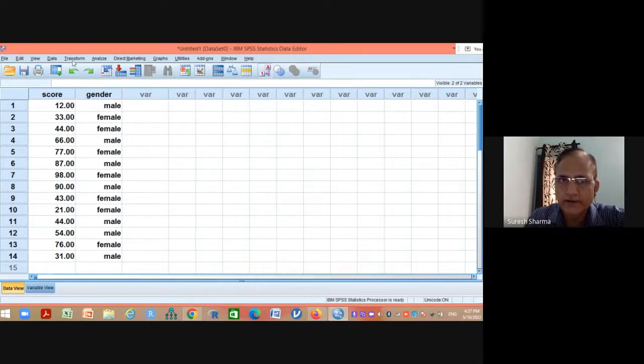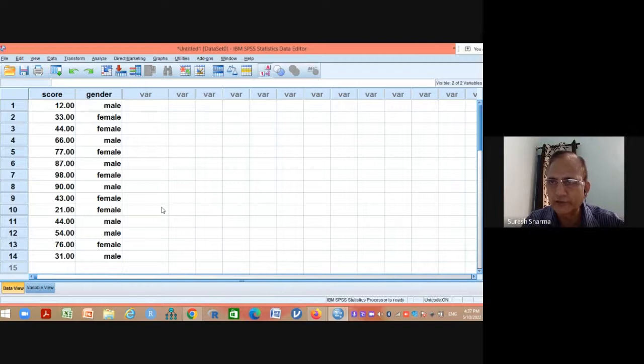Now, if you make a transformation, there are options in transformations. You can transform this variable to a new variable. So this is your old variable. New variable means wherever the values are less than or equal to 30, they will be replaced by 1. For example, 12 will be replaced by 1. Then 21 will be replaced by 1 because they are less than 30.